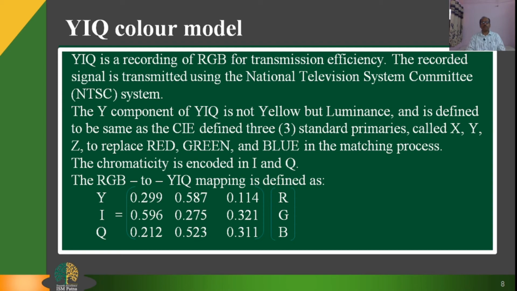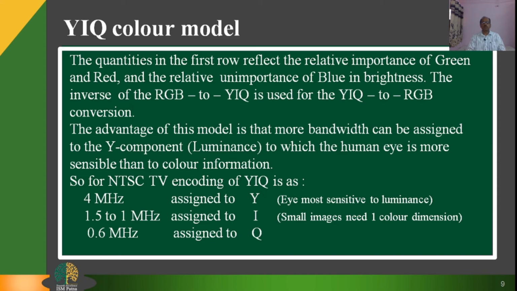In matrix form that may be described as apparent on the screen. The quantities in the first row reflect the relative importance of green and red and the relative unimportance of blue in brightness. The inverse of the RGB to YIQ matrix is used for the YIQ to RGB conversion.